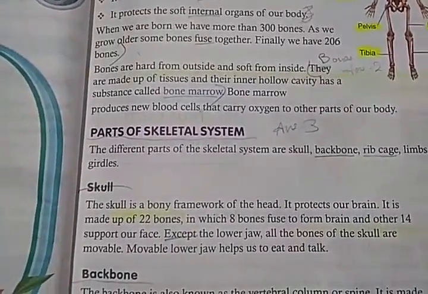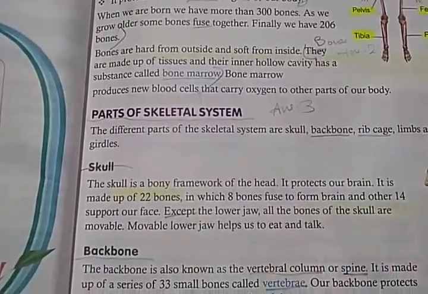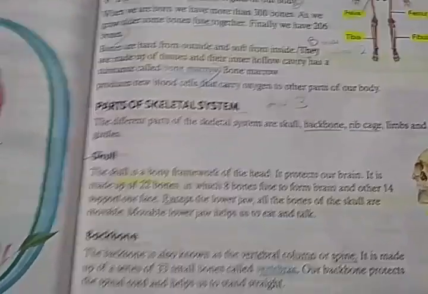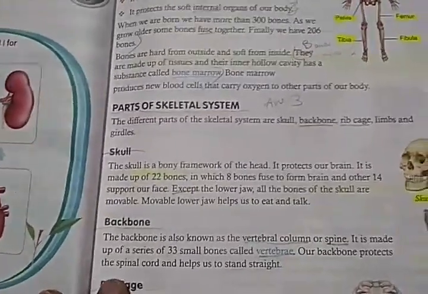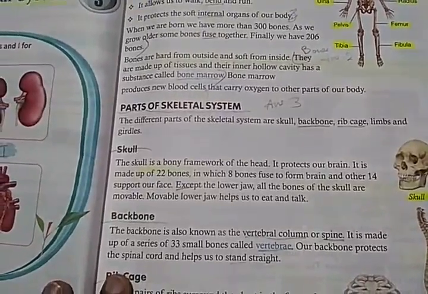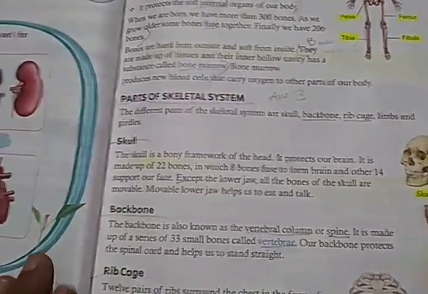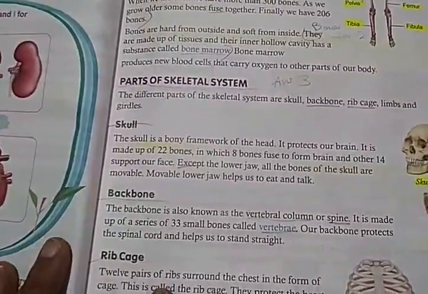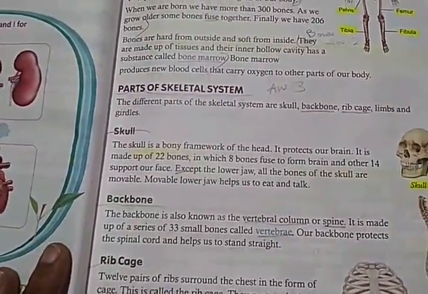Now after it there were the parts of the skeletal system. There were skull, backbone, rib cage, limbs and girdles. The first part was the skull.